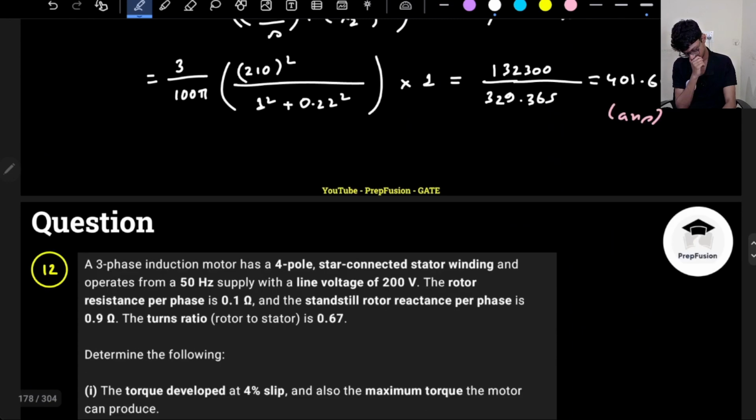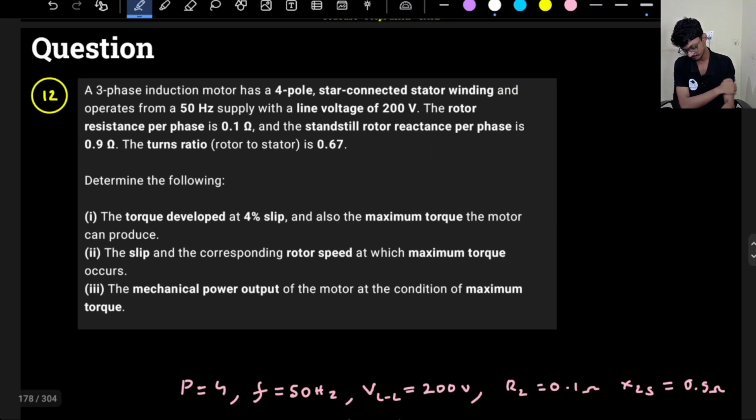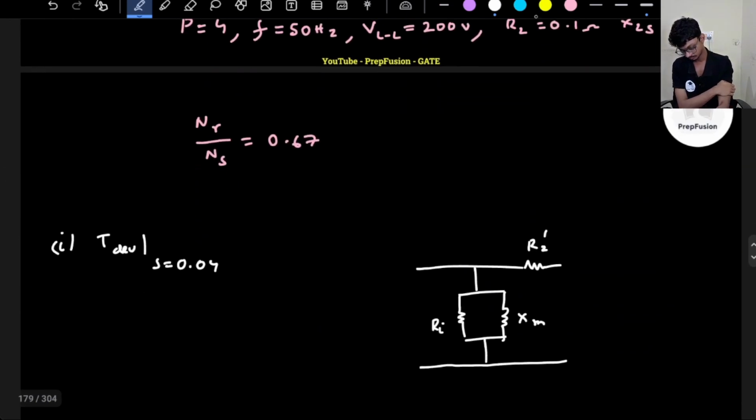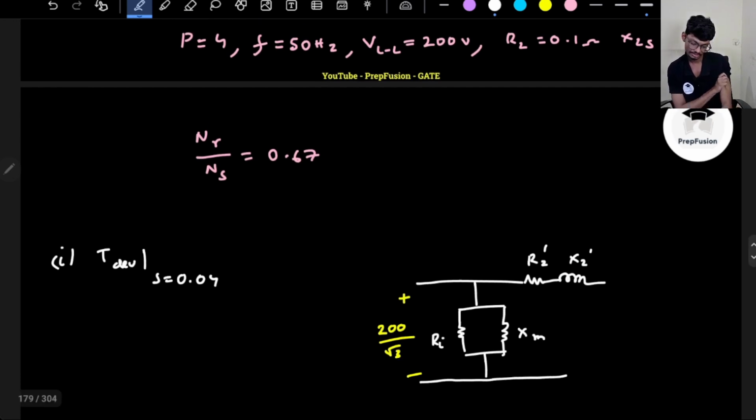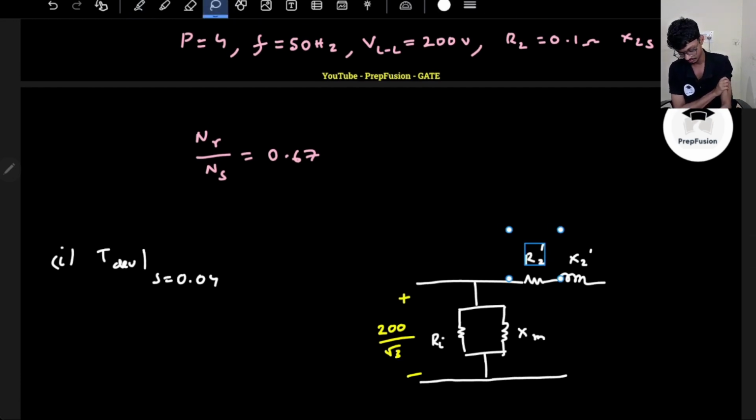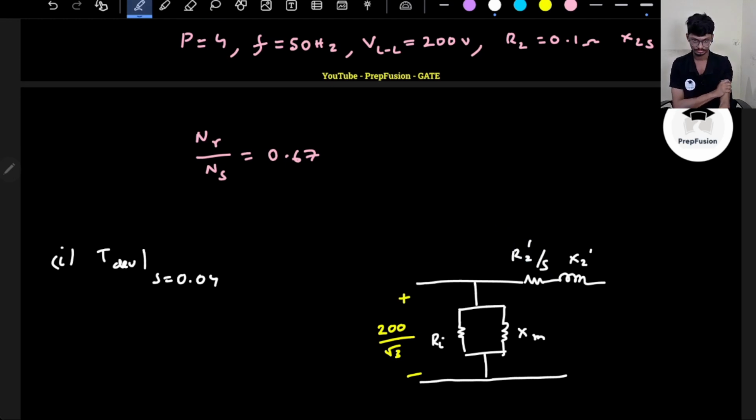So this will be basically 200 divided by root 3. Okay. And this will be basically X2 dash, and it is not standstill anymore, so this will be R2 dash divided by s. This will be X2 dash.